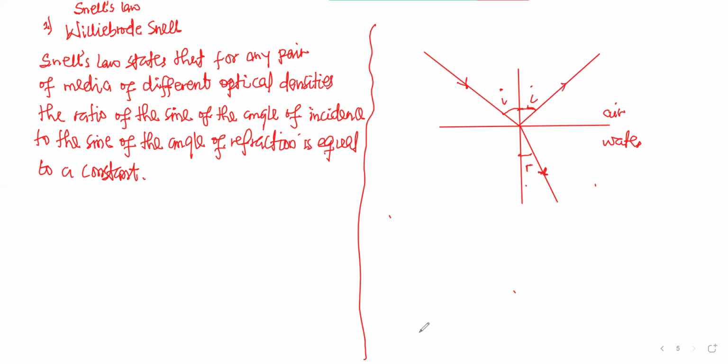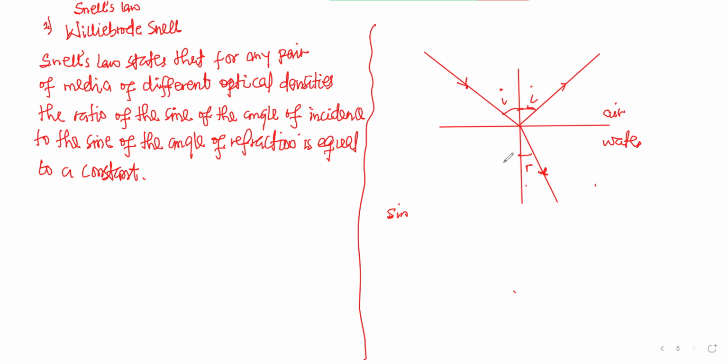So all that Snell is saying is that for any two media, whenever you take the ratio of the sine of the angle, sine, cos, and tan apply to angles.